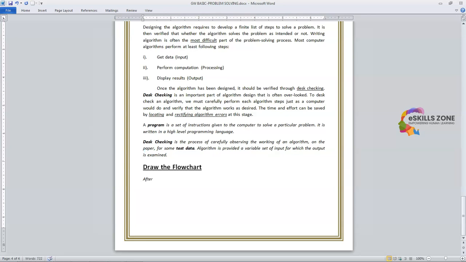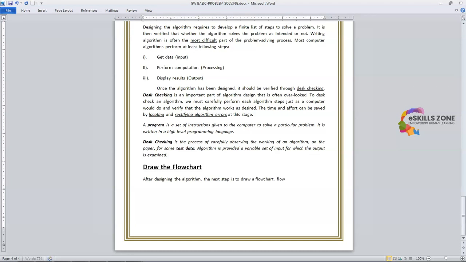After designing the algorithm, the next step is to draw a flowchart.